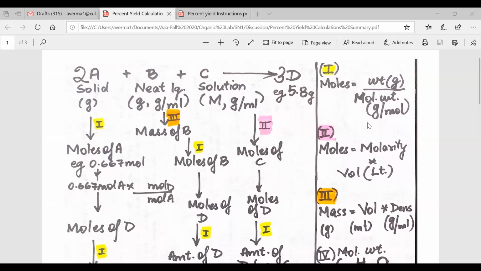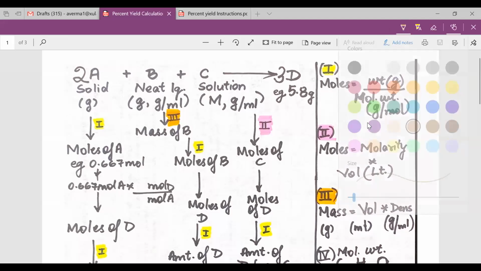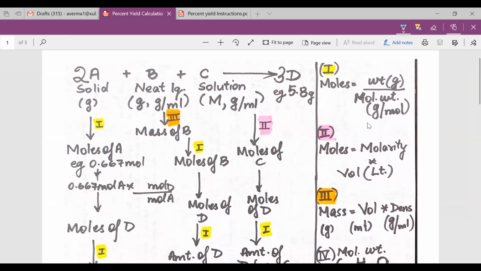When we start looking at percentage yield calculations, let us first start with what kind of starting materials you can have. You can have your starting material as a solid, which will be weighed out in grams.